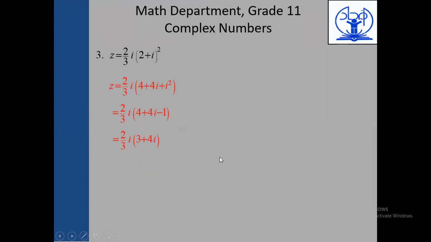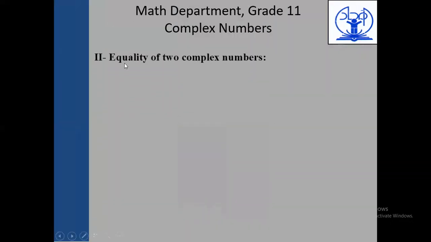Now you develop or you expand, you will get minus 8 over 3 plus 2i. So the real part is minus 8 over 3, and the imaginary part, again, it's the coefficient of i, so it's 2. It's incorrect to say that the imaginary part is 2i. Some students do this, and this is not accepted.